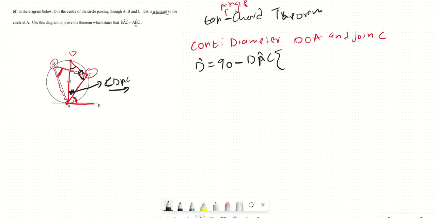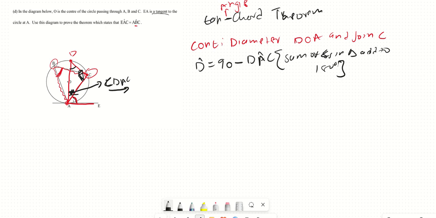The reason for that, we write: sum of angles in a triangle add up to 180 degrees. Even though we said 90, I've explained that this is 90 here because of the diameter. Now we've removed it.